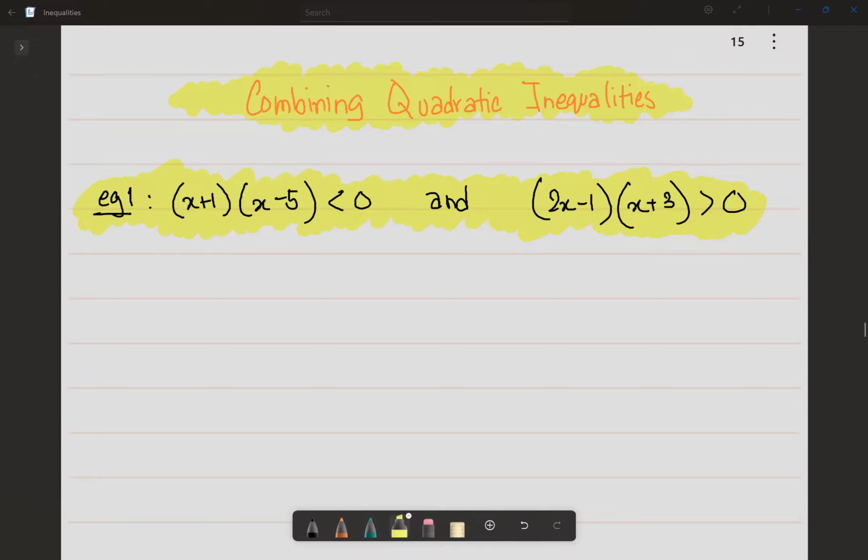So what we will do is first consider the inequality that we have at hand and solve it. We know how to solve these inequalities, and we have also learned solving them individually in the previous videos. So from here, we will first consider this to be an equation.